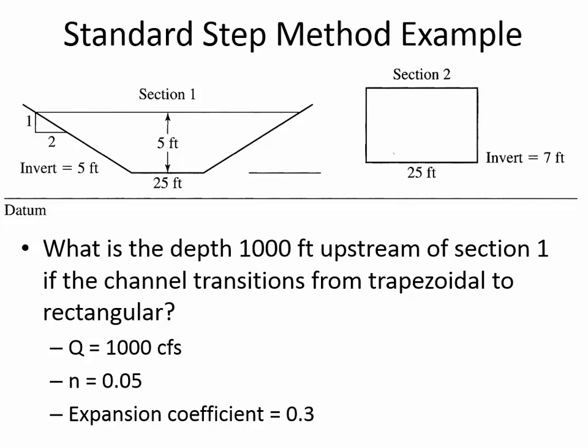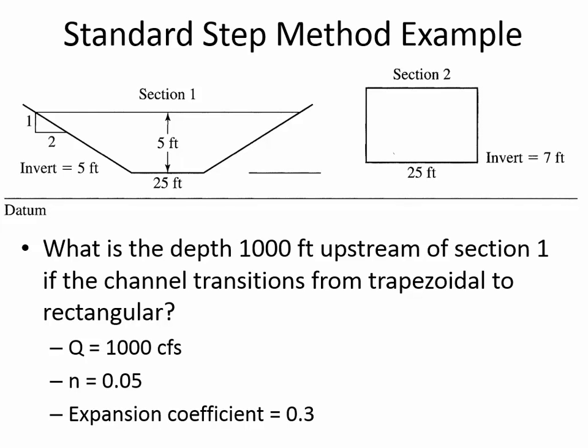If it's a trapezoid, like we have, where it is 25 feet at the bottom, and the flow depth is the normal depth. That's what we're trying to find, is what's the normal depth at this location where conditions are known.